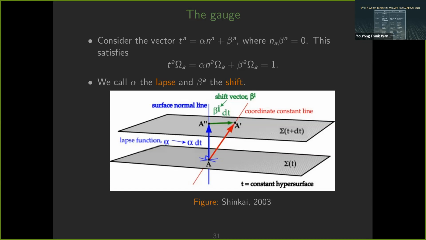These lapse and shift are very important in numerical relativity, because they control how you perceive the space-time. It took quite a while to figure out how to simulate binary black holes; the problem was how to choose a gauge that doesn't cause issues.